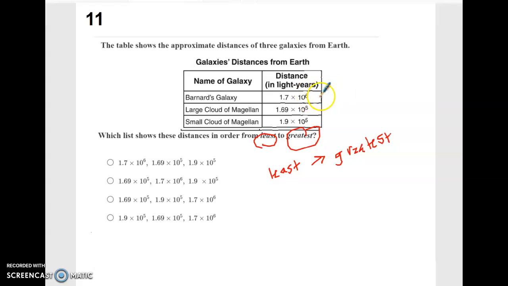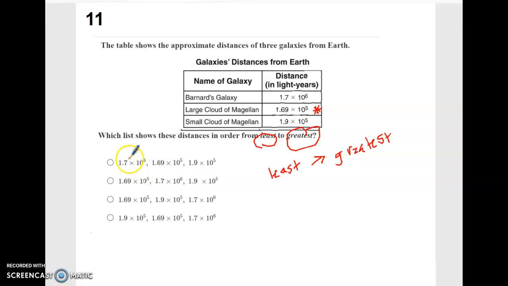So I know this one with 10 to the power of 6 is going to be my biggest. Both of these two have 10 to the power of 5, so my smallest one is going to be the smallest decimal number here. So that's going to be this one here, 1.69 times 10 to the 5th. That's going to be my least.